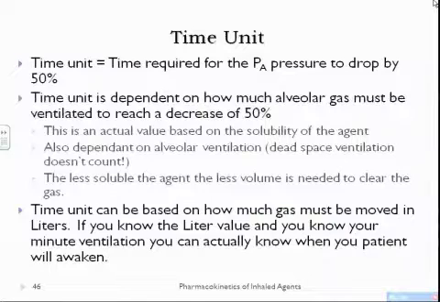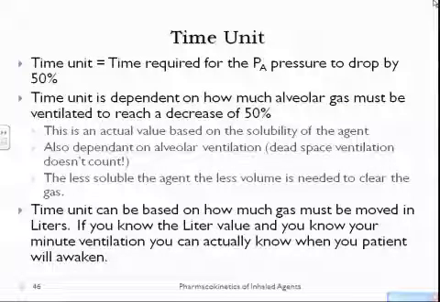Now what I'm going to talk to you about next is what's called time units. Time units are required for the alveolar pressure to drop by 50%. This time is dependent on how much alveolar gas must be ventilated to reach a decrease of 50%. This is an actual value. So this is something useful that's scientifically based, so you can emerge someone very quickly.